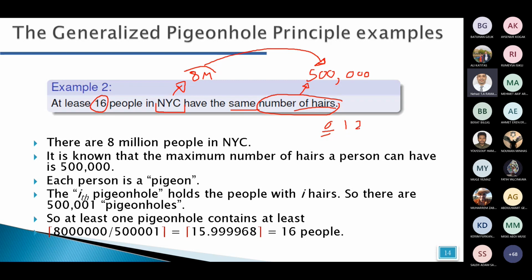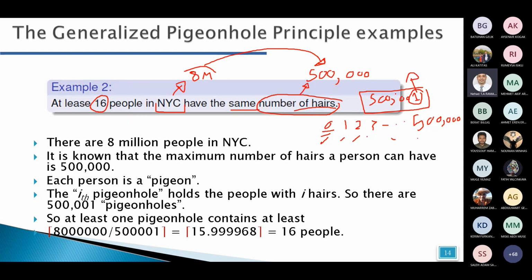Some people have 2 hairs. Some people have 3. Some people have the maximum, which is 500,000. So how many different numbers of hairs do we have here? 500,001. Where does this one come from? From the bald person without hair.